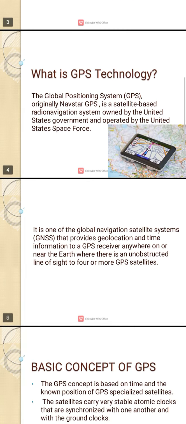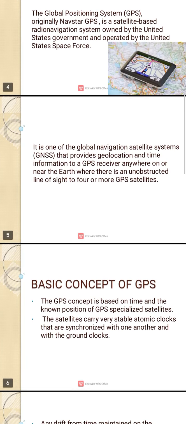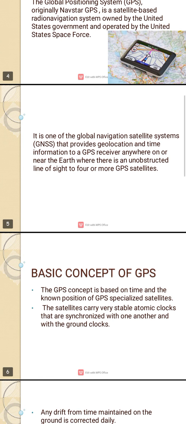It provides geolocation and time information to a GPS receiver anywhere on or near the Earth where there is an unobstructed line of sight to 4 or more GPS satellites. From this, it is very clear that GPS can show our exact location wherever we are on the Earth. The only condition is that it needs an unobstructed line of sight to 4 or more GPS satellites.